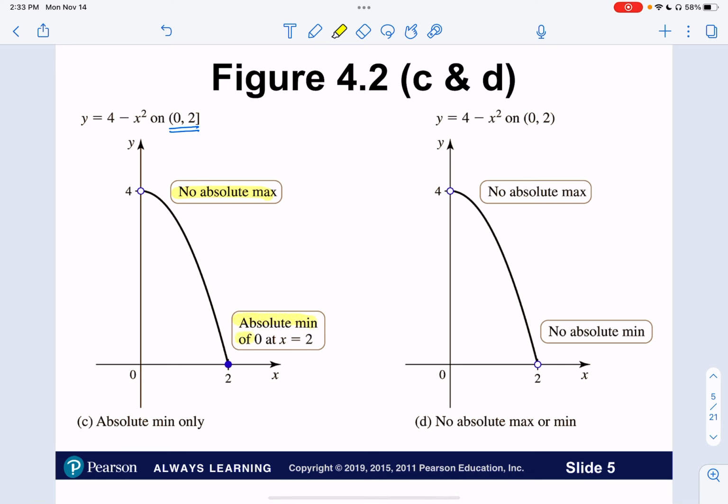We do have an absolute minimum of 0, again, at x equals 2, so we have only an absolute minimum here. And then the last one, probably not surprisingly, they changed the interval to be 0 to 2, not inclusive of 0 or 2. And in this particular case, there's no absolute max or absolute minimum, right? Because we're not including the endpoints. So keep that in mind, all right?